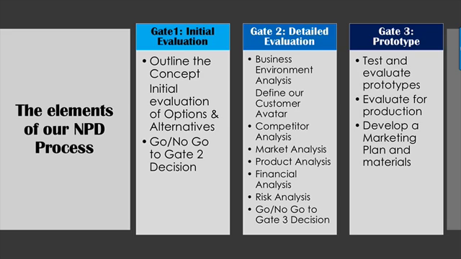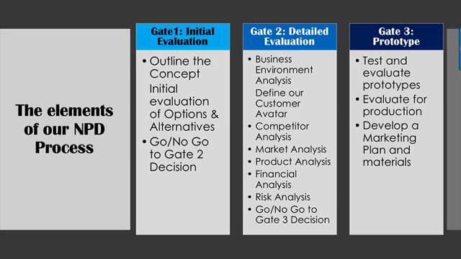The next gate you're going to move through is the prototype gate. Basically we're saying, get the concept right. If that concept makes sense and everybody's happy with it, then let's build a prototype, or a test batch, or whatever it is we're building. So test and evaluate the prototypes. We want to get some feedback from potential customers on our prototype, evaluate that and make whatever changes we like.